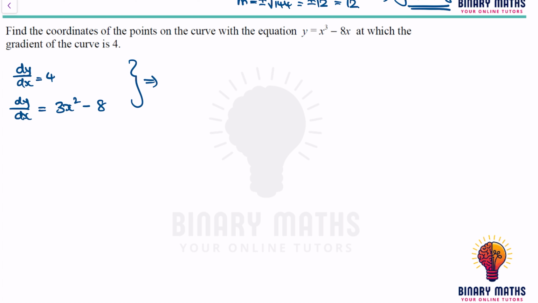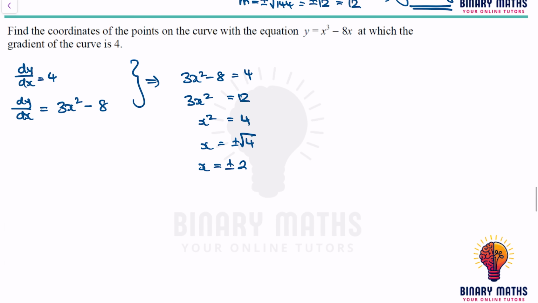Both of these together imply that 3x squared minus 8 must be equal to 4, which means 3x squared must be equal to 12, which means x squared must be equal to 4. x must be plus or minus the square root of 4, which means x must be plus or minus 2.